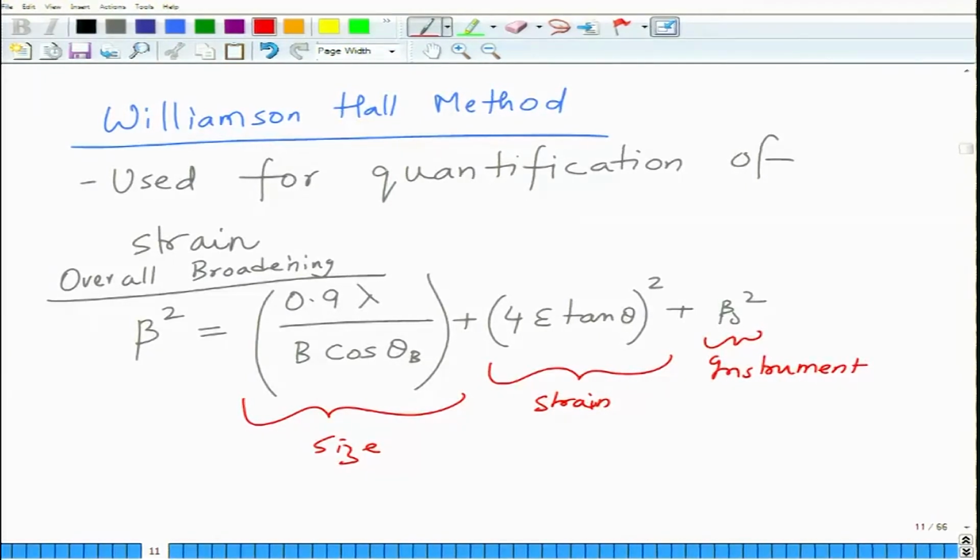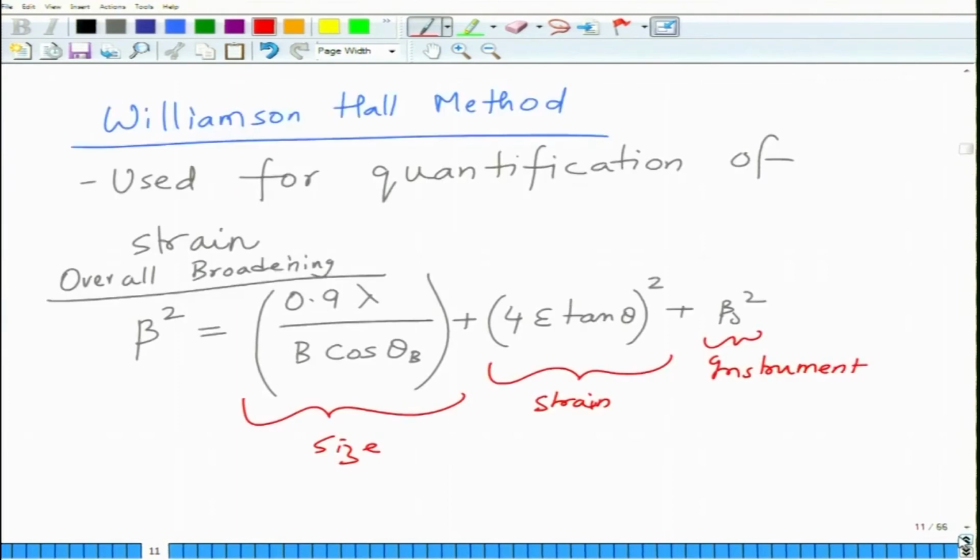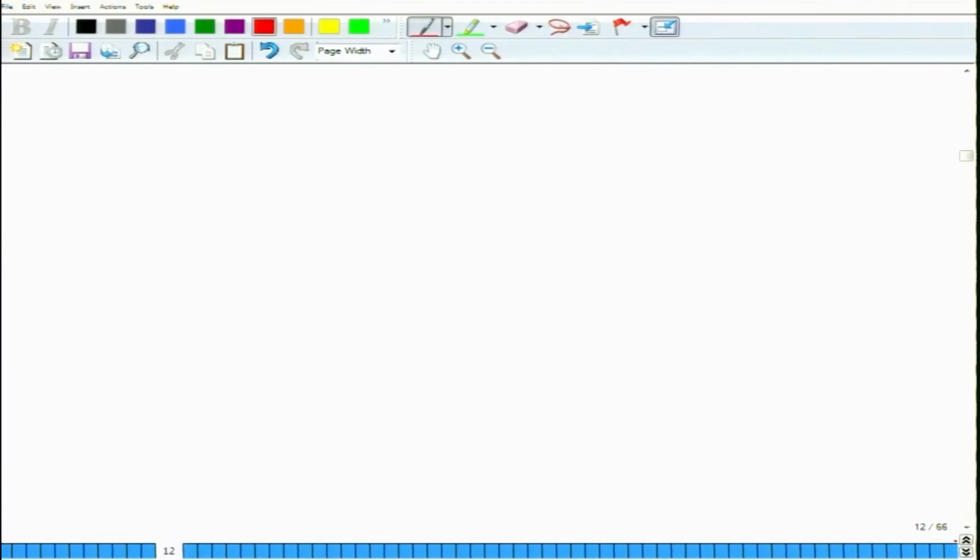So, essentially what I need to do is plot, and I can make slight modifications. The modifications lead to beta because of crystallite size, which is k lambda divided by t cos theta B. Okay.